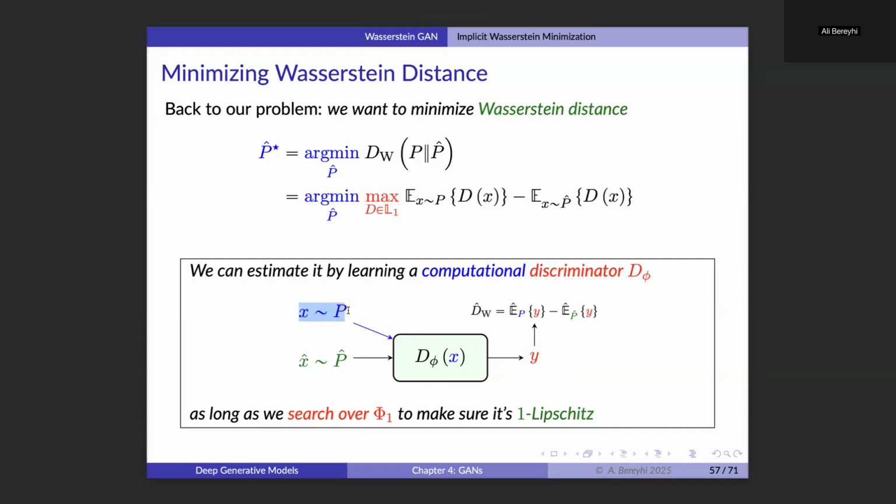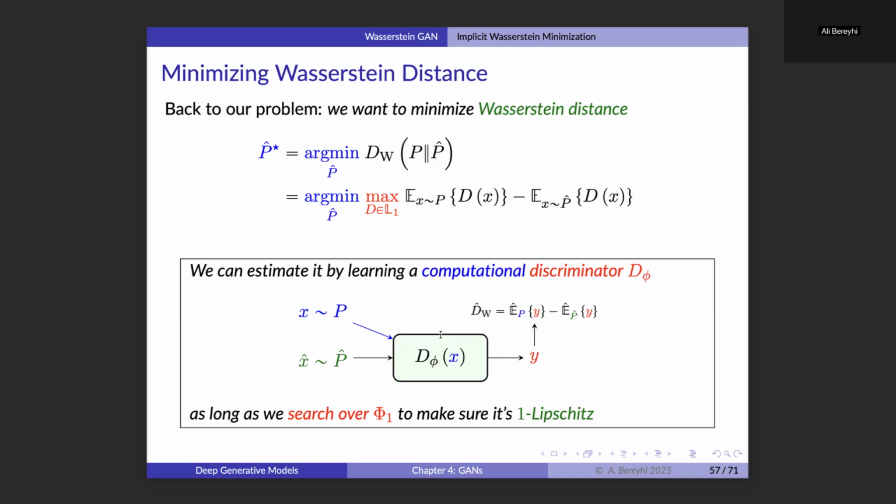So if I take samples from data, I take samples from the model, and I give them here, then I'm going to get different Y values. So once I average over the data distribution, once over the model, the samples from the model, then this is going to be the estimated Wasserstein distance. So this guy is exactly doing what the discriminator does in the vanilla GAN.